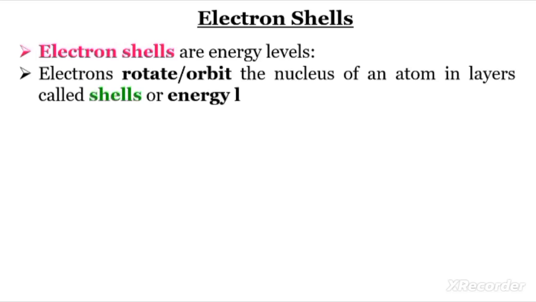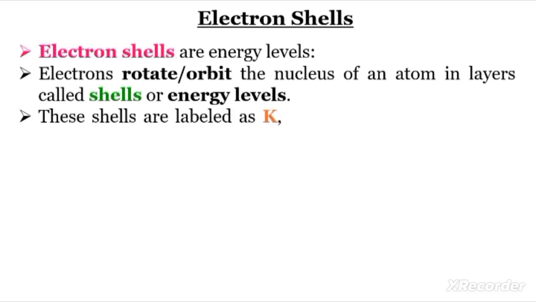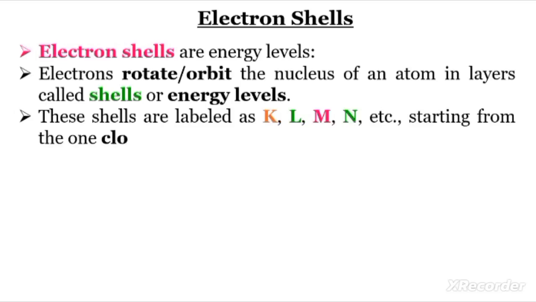By the way, the shells are also called layers or energy levels. These shells are labeled as K, L, M, N, etc., starting from the one closest to the nucleus.